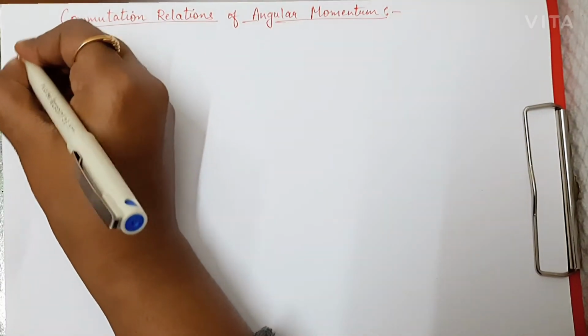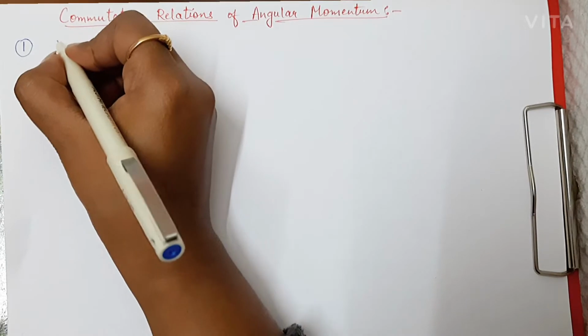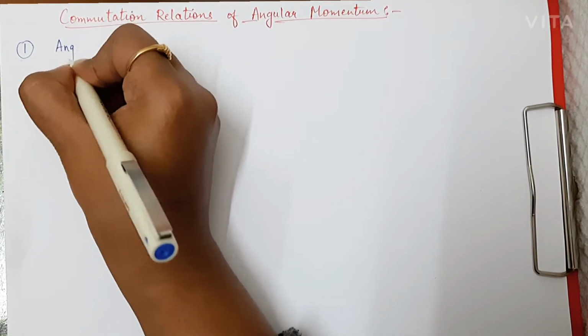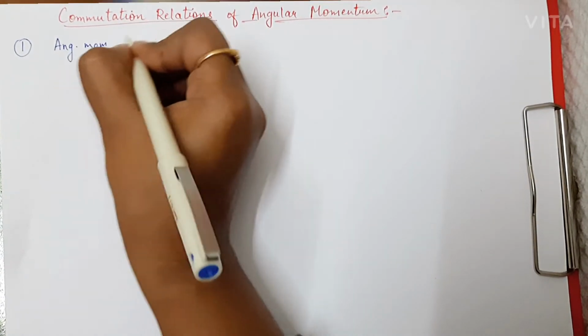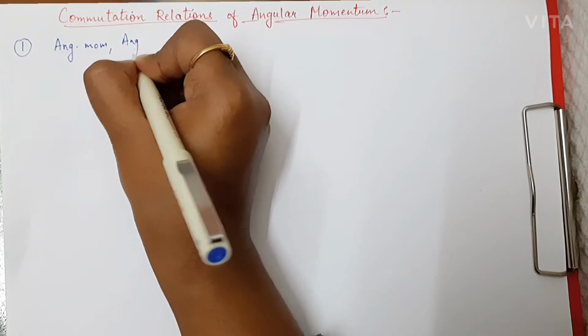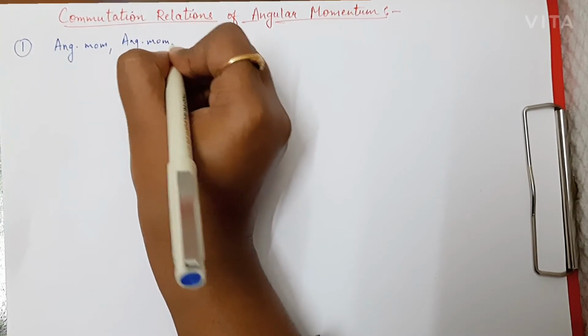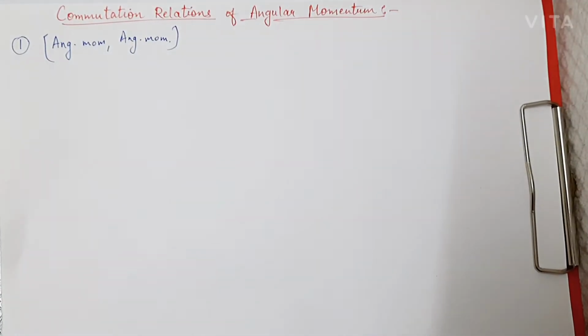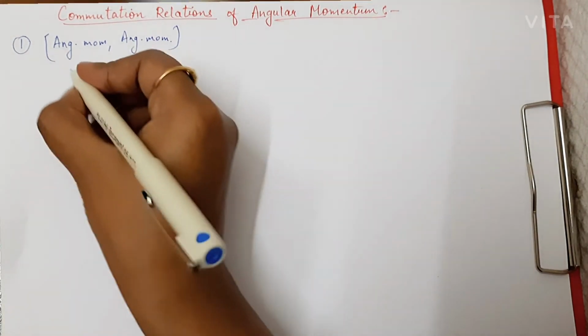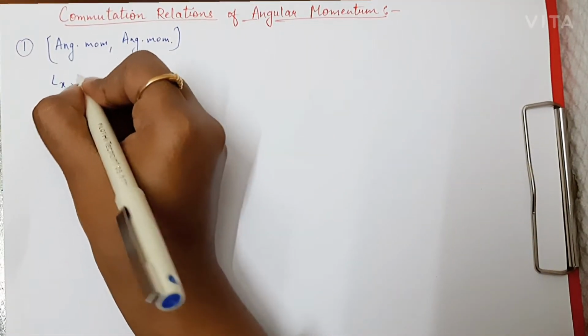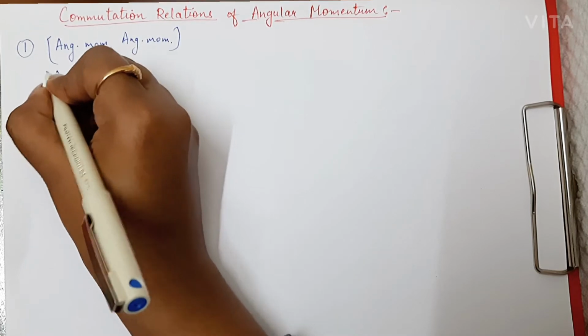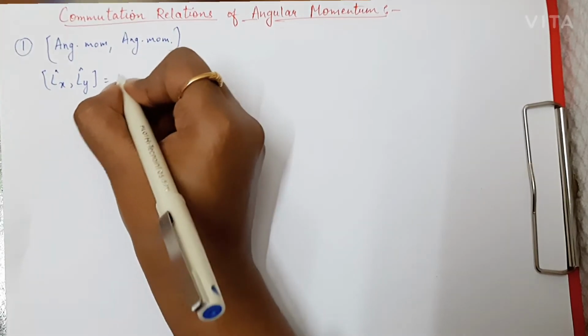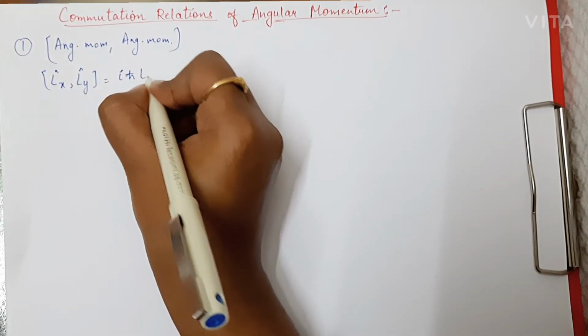So first we are going to discuss commutation relations of angular momentum with another angular momentum, or similar angular momentum. For example, if we have to solve the commutation for Lx and Ly, then we are going to get iota h cross Lz.